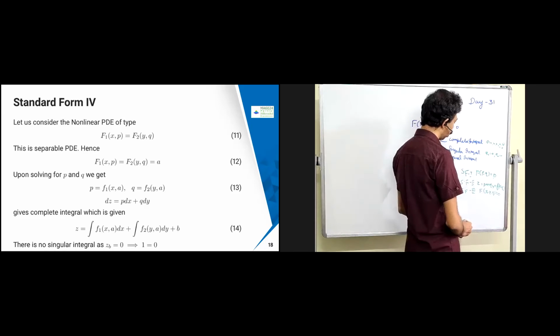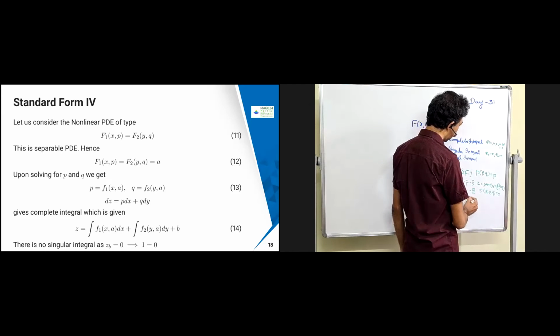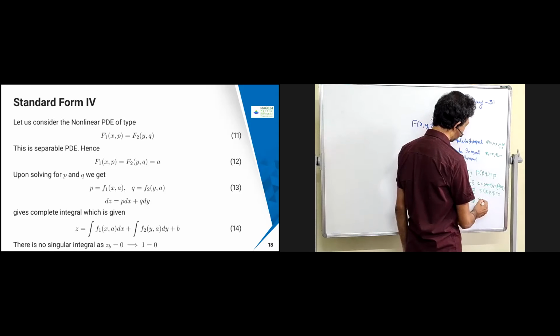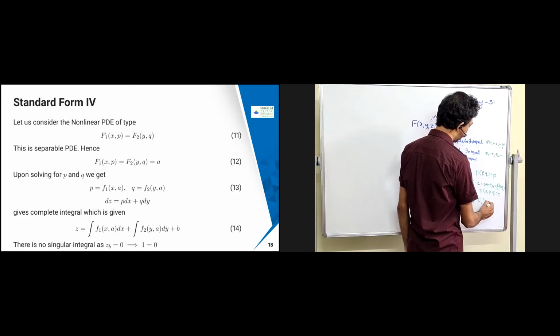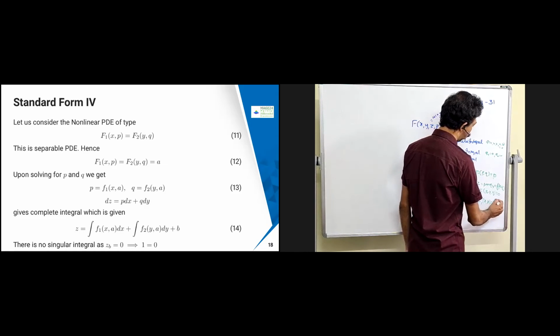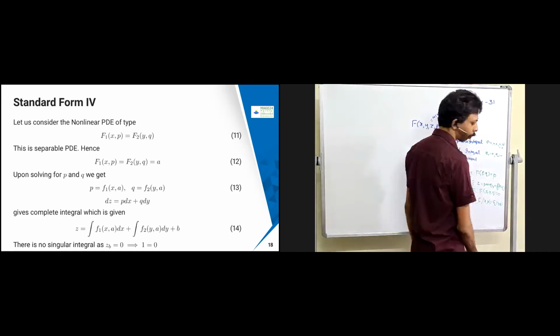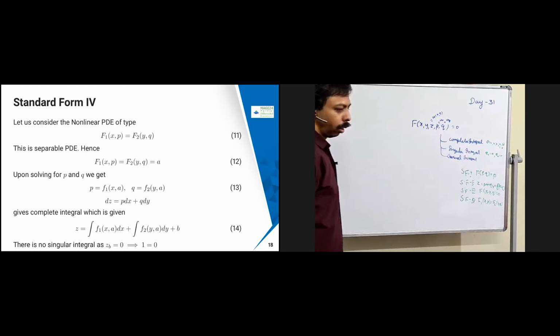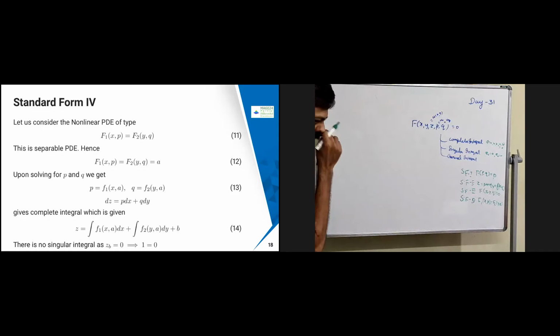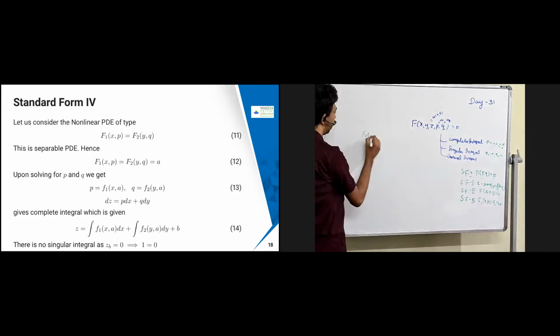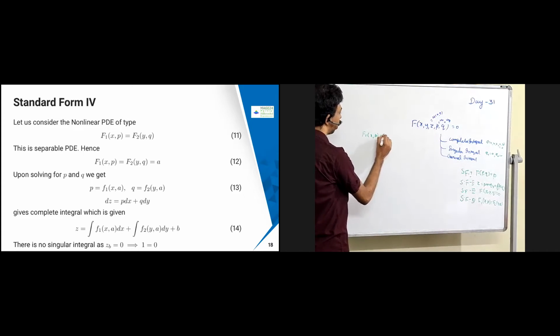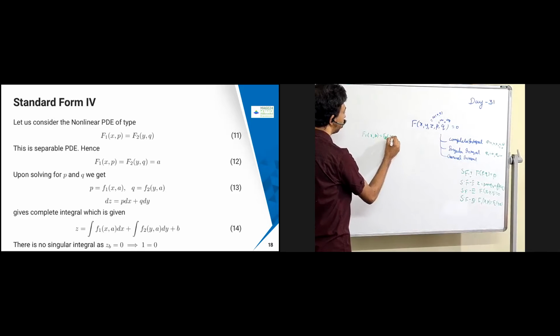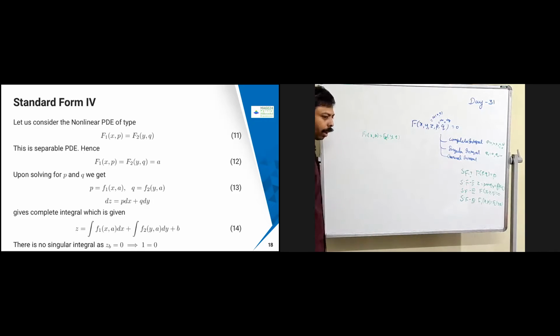So in standard form 4, what we have is f1 of x comma p equal to f2 of y comma q. Okay, so in this case, this is a separable PDE.